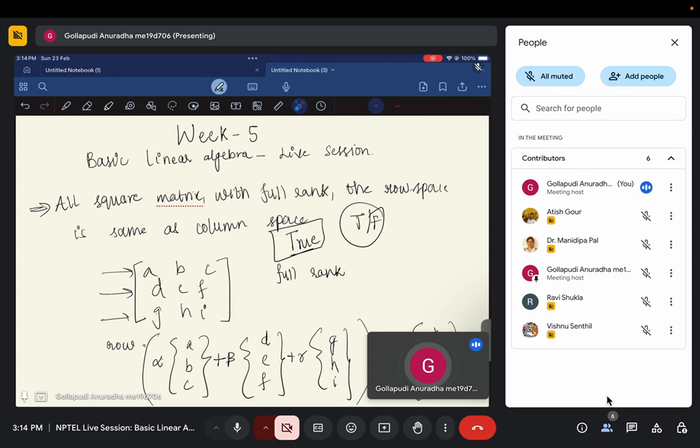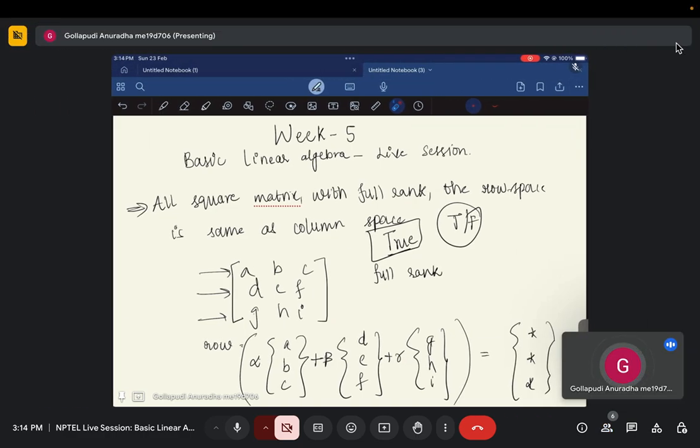So I can write a linear combination of the row vectors: alpha into the first row plus beta into the second row plus gamma into the third row is equal to a star vector, where I'm getting the elements from the columns. For example, A, D, G is a column vector, B, E, H is a column vector, and C, F, I. So this can be anything.